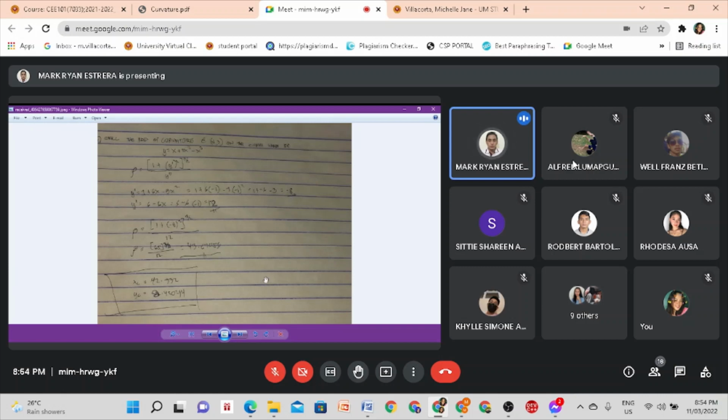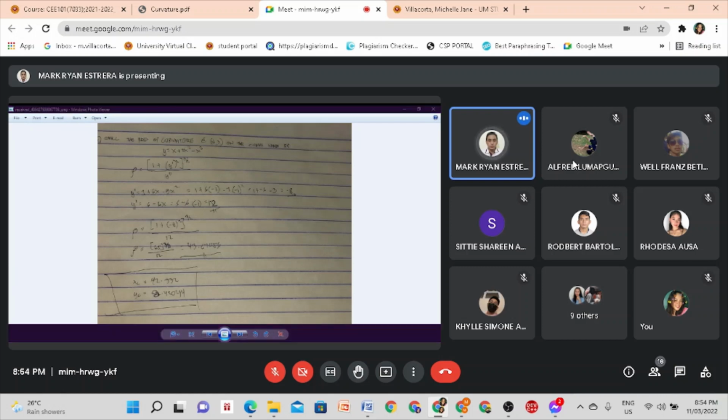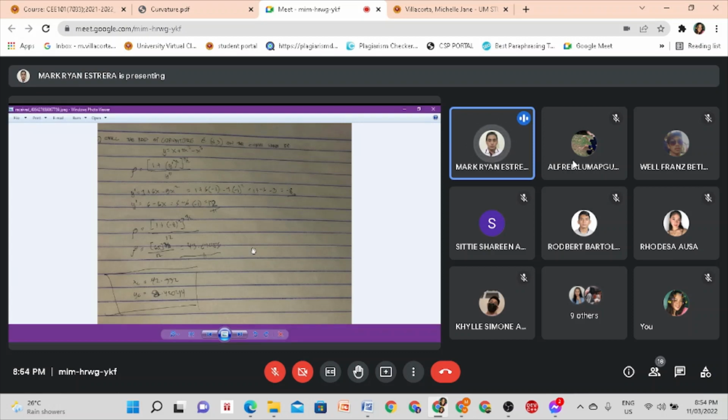Theta equals arctan of y prime, so arctan of negative 8 gives around negative 82 something.